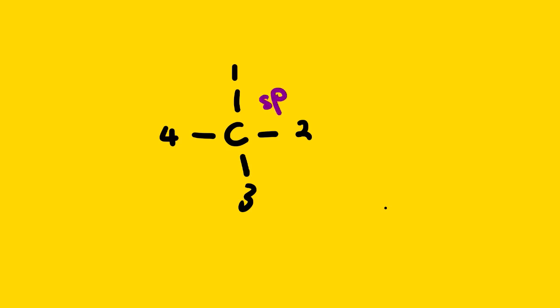When we talk about a tetrahedral center, we're talking about a carbon having 4 different groups, also known as a chiral center, or a carbon that has sp3 hybridization. Suppose we have this structure.